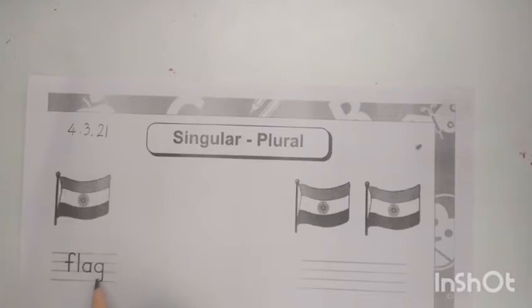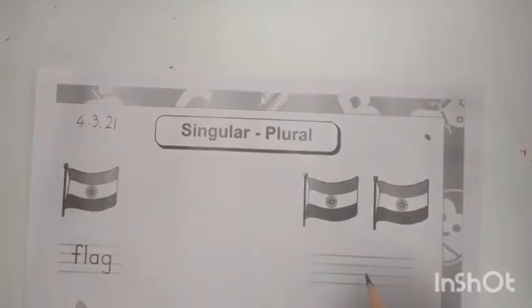F-L-A-G, flag. This is one flag and these are 1 and 2. So it is more than one. So we call it many. So we have to write F-L-A-G-S, flags. Let's write.